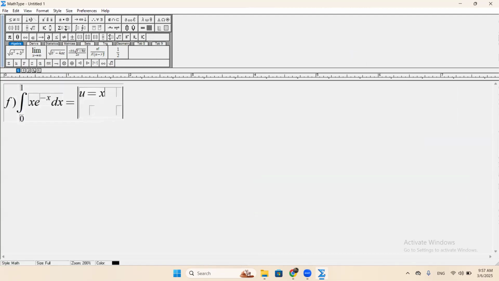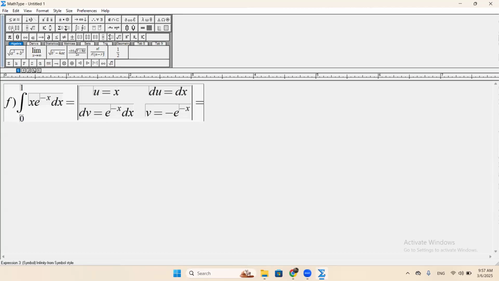So u equals x, du equals dx. Then dv equals e in power of minus x dx. So v equals minus e in power of minus x. And now let's integrate. So what do we receive?